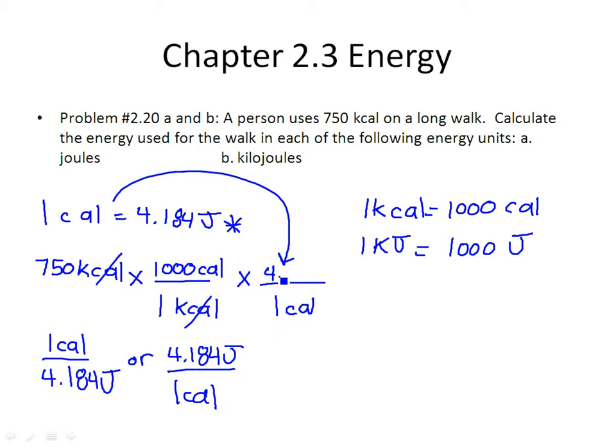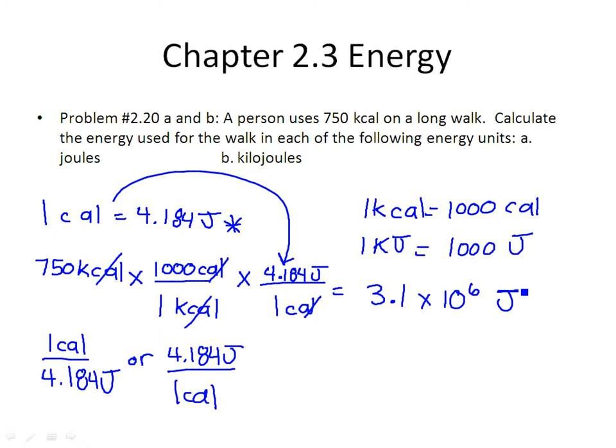So we're going to put our joules there, so calories cancel, and it tells us to report to 2 significant digits, I believe. So our answer, we get a large number of 3.1 times 10 to the 6 joules.